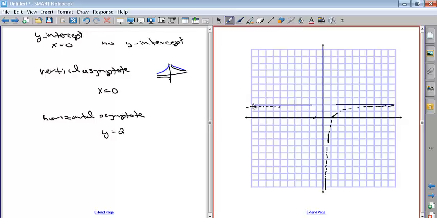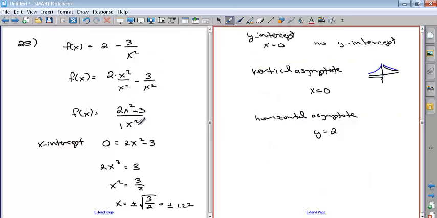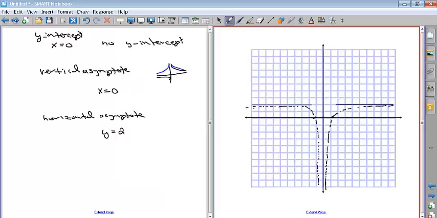It comes in from the bottom, goes through here, and then heads south like that. That's because you have x squared in the denominator, so x equals 0 twice. When you have two of those, instead of going opposite directions of the vertical asymptote, they go the same direction.